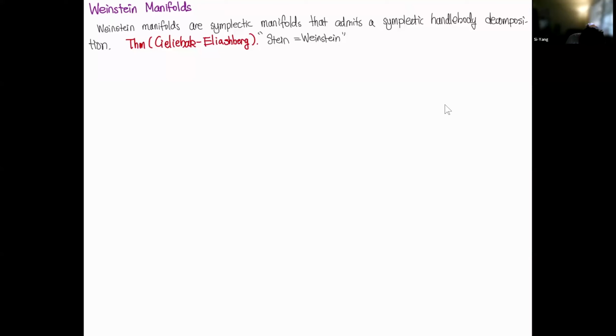So of course, this complexified complement of hyperplane arrangements is a Weinstein manifold.